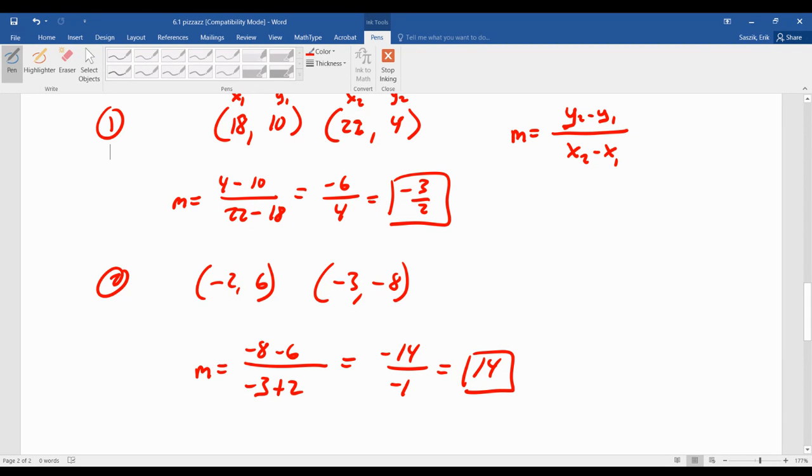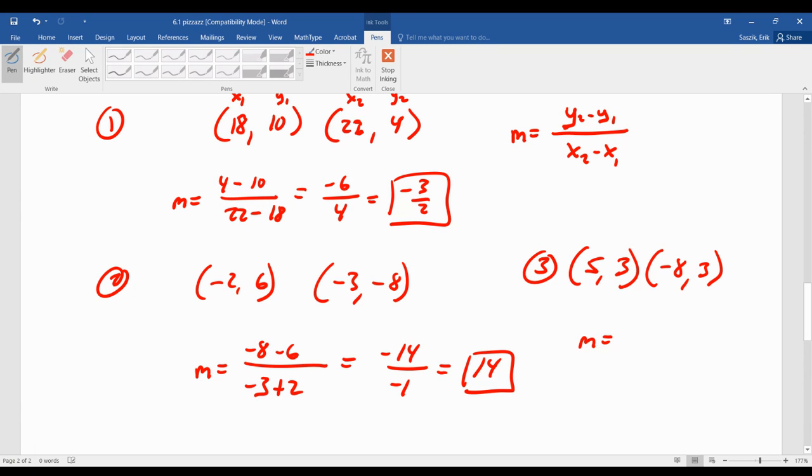So you have to be careful with your arithmetic here when you are subtracting these negative values. Let me just show you one more. 5, 3, and the other point would be -8, 3.